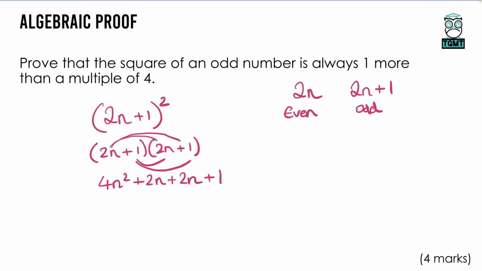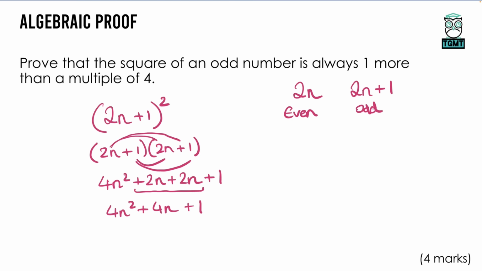This is already starting to look quite nice because we do have a 4 involved, so I think it's getting times by 4, and we do have a plus 1 at the end, so it is starting to look like it's going to work. If we combine these, we have 4n squared plus 4n, and then plus 1. Now in terms of writing or showing or proving that something's a multiple of 4, it means we need to factorise 4 out.